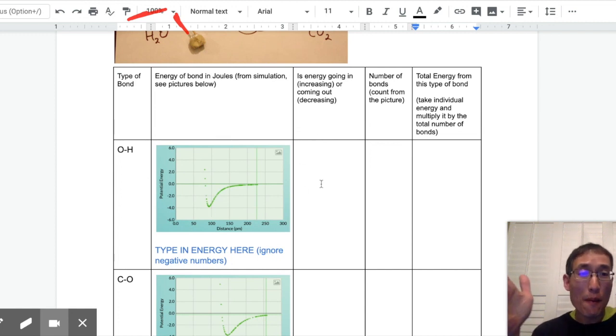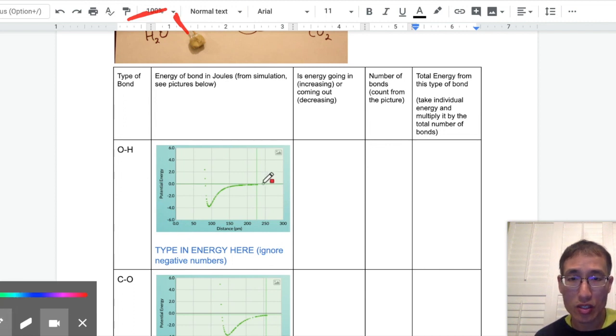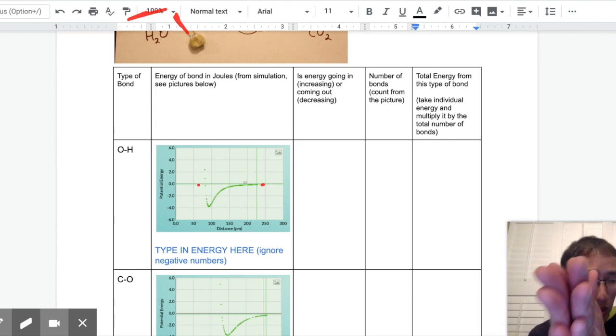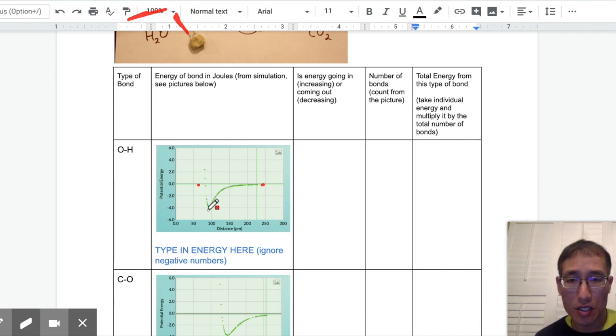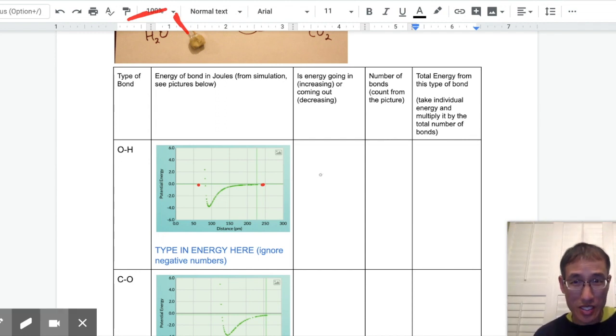Now I'm making a bond. Okay, so I start out here, right? The atoms are out here to begin with. And as I bring them closer together, what's happening to the energy? You can see it's dropping.